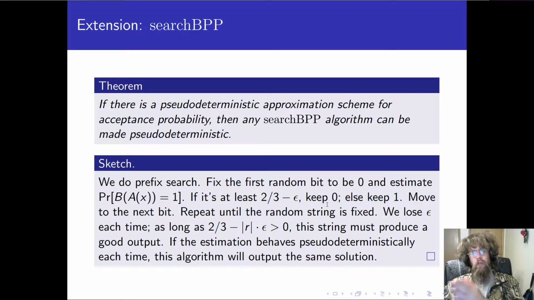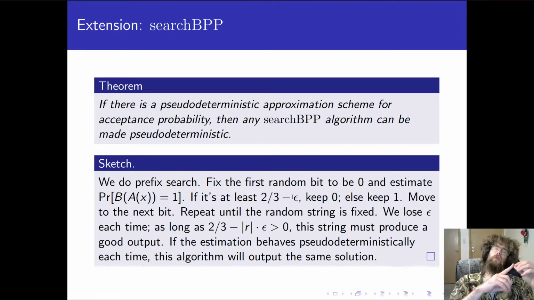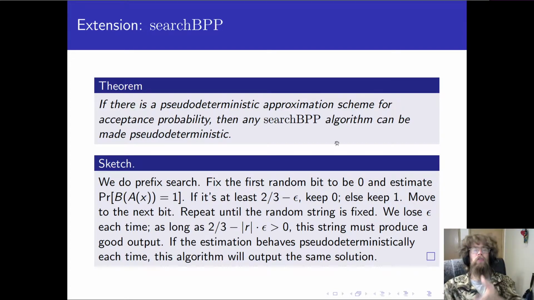So we move on to the next bit, and we're going to lose epsilon each time we do this. Because if we underestimate the probability, we have to take one of these. And so the best we can do is shrink it by epsilon every time we fix a bit.